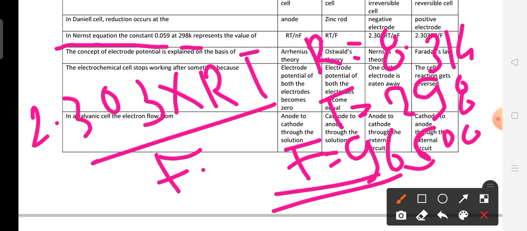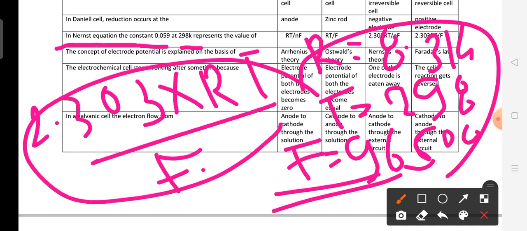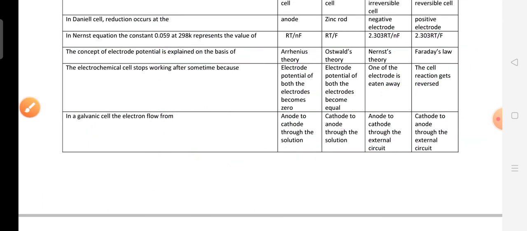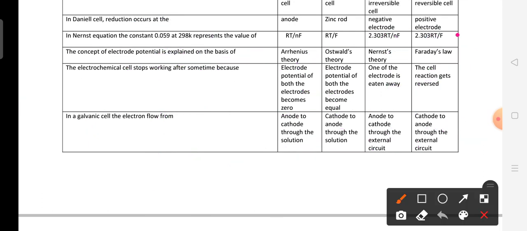After putting these values in this equation, we get the value 0.059. So the answer to that question is 2.303 RT upon F. So this one is the correct one.